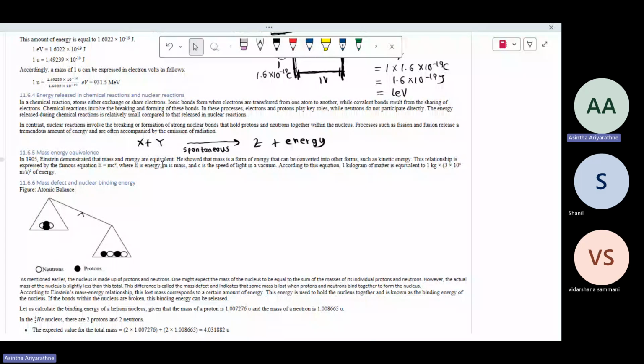Nuclear reactions are interactions happening inside a specific atom itself. Those are called nuclear reactions, and they are very strong, stronger than chemical reactions.